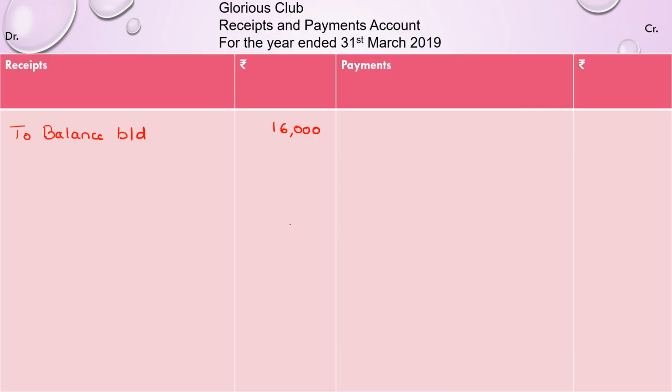It is a receipt. So we write to subscriptions. You can write related to 2017-18, 2018-19. So related to the previous year it was 13,000 and current year it is 80,000, making up a total of 93,000. So this is how we are writing the details.